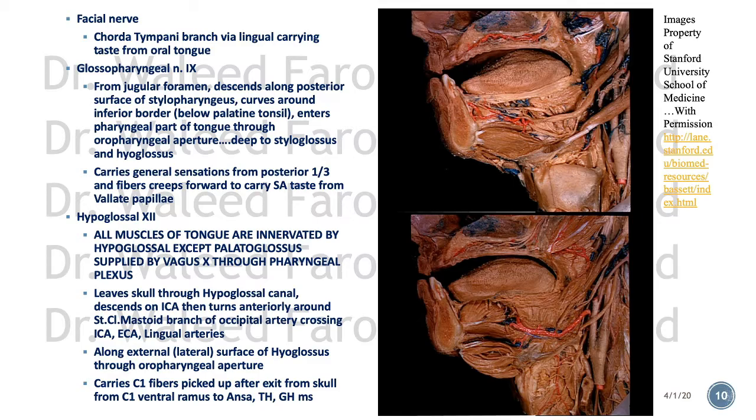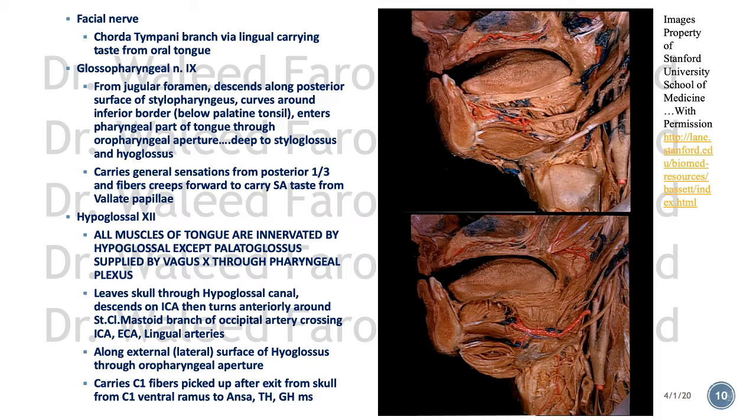This one descended from the jugular foramen along the posterior surface of the stylopharyngeus, and lower down it crosses the stylopharyngeus from lateral to medial to enter the oropharyngeal aperture and end in supplying the soft palate and posterior 1/3 of the tongue.